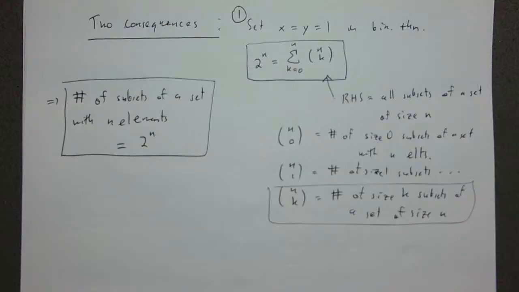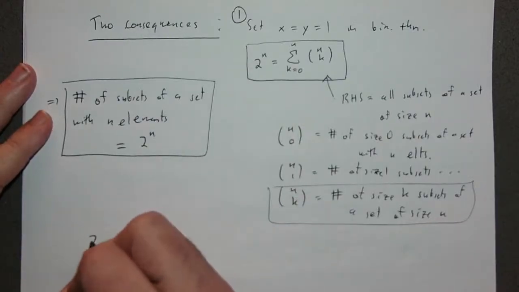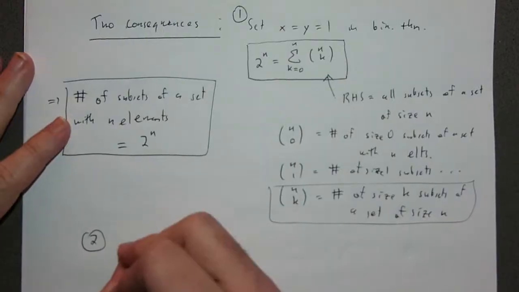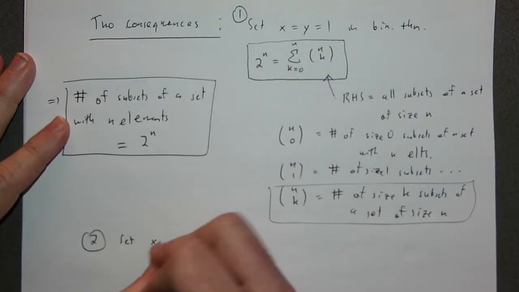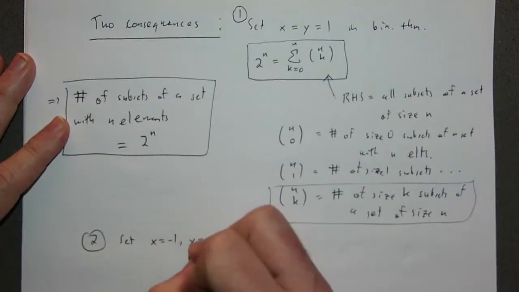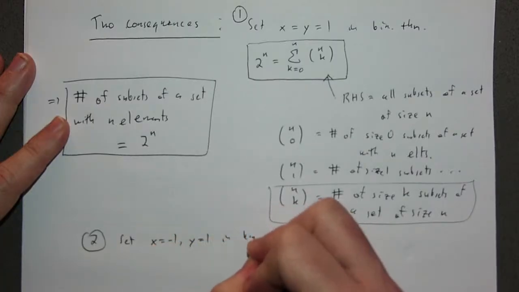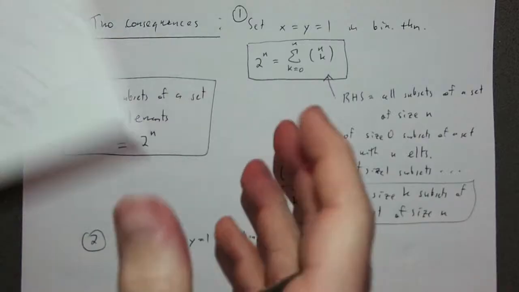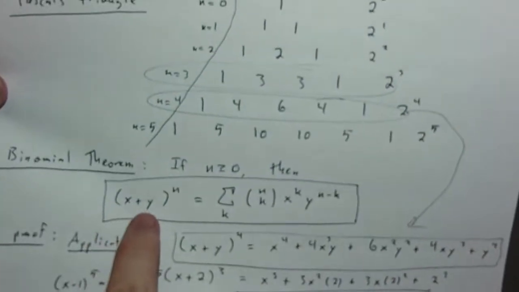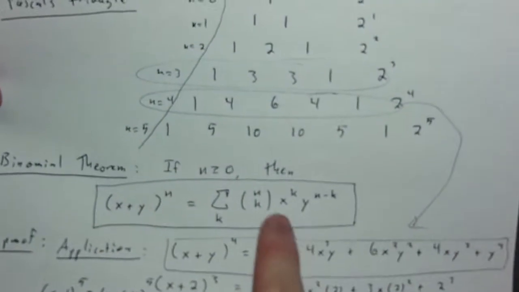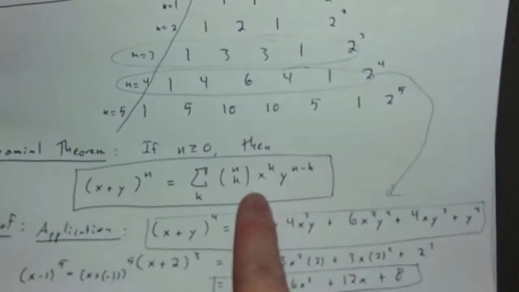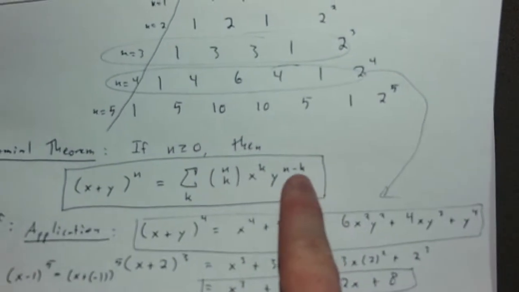Okay, so we get that directly from the binomial theorem. Another fact. What if I set x equal to -1 and y equal to 1 in the binomial theorem? Well, of course, -1 plus 1 is 0 to the n. Here I'm going to get -1 to the k and 1 to the n minus k.